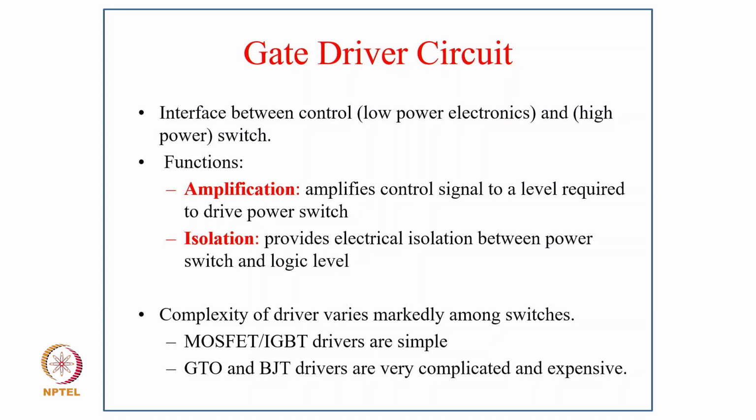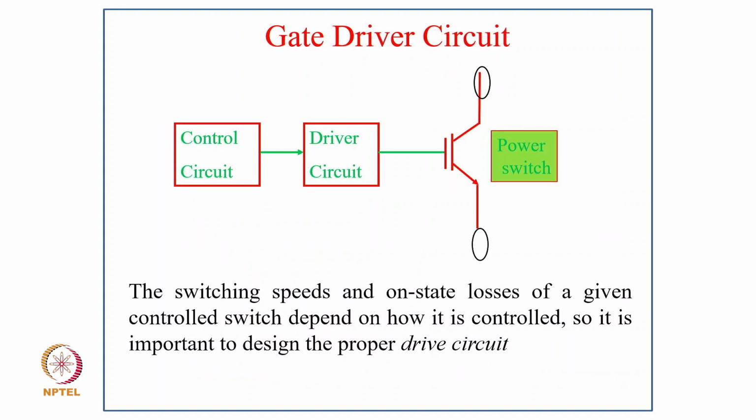It also provides isolation between the power switch and logic level. The complexity of the driver circuit varies markedly among the different switches. For MOSFET and IGBT, drivers are simple, and for GTO and BJT they are complicated and a little expensive.